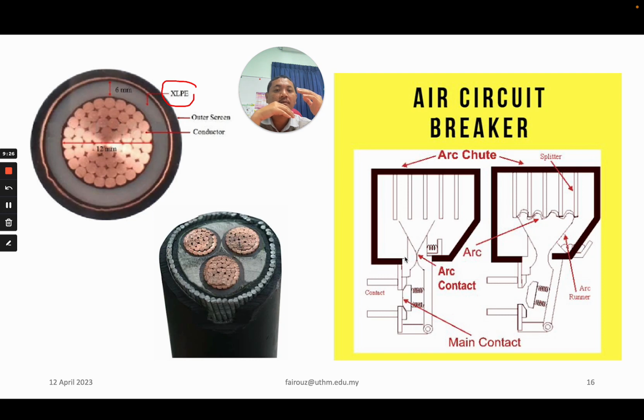So we need to have this arc appear in the air, because if we have an electric arc in XLPE, in solid material, it will damage the solid material. So for this application, for circuit breaker, it is better to use gas as the insulation material.